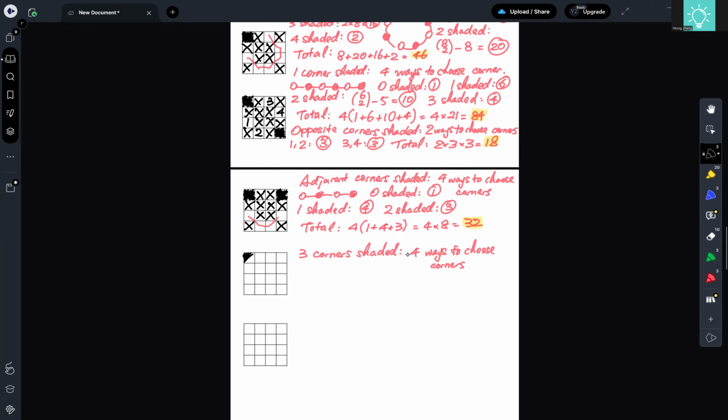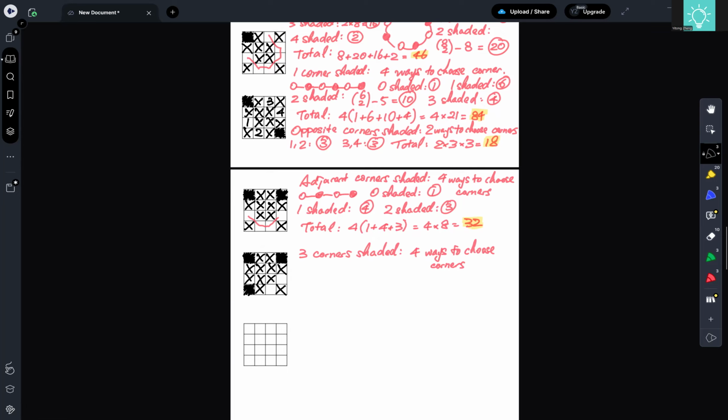Basically the same as choosing 1 corner, but whichever corner you choose, you don't shade it and you shade the other 3. Without loss of generality, I'm shading these 3. We're not shading anything in the middle, and these squares share a vertex with the already shaded corners, and we're not shading the 4th corner as well. We're going to deal with that in another case.